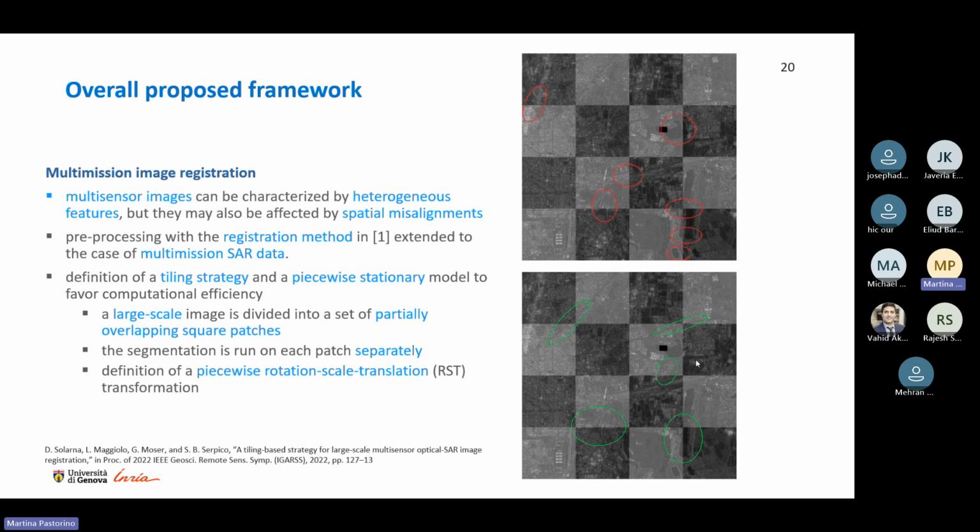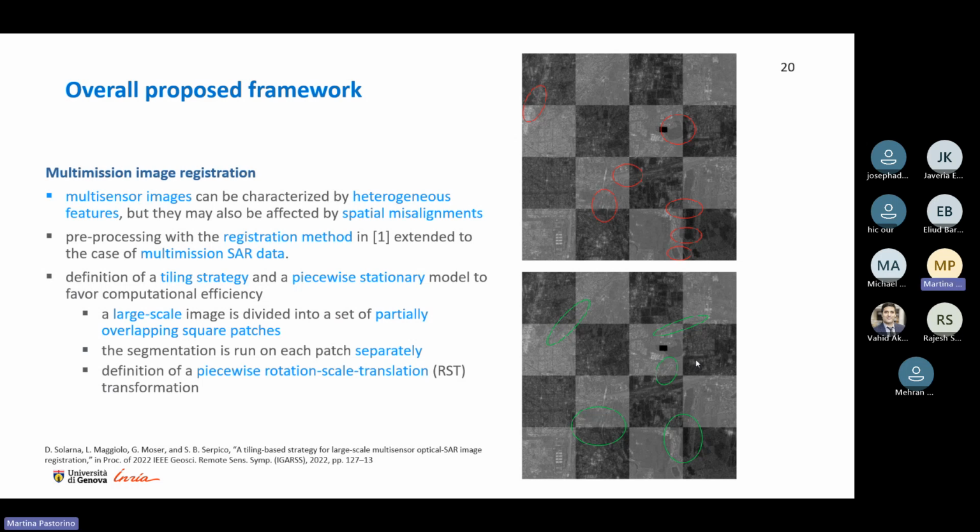One in-between step in this methodology was multi-mission image registration, because of course, as you all know, when you obtain images from different sensors, you also need to align them, because most of the time they are not perfectly aligned. So we defined a registration method for large scale images.